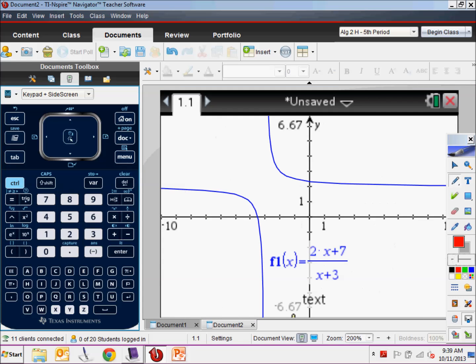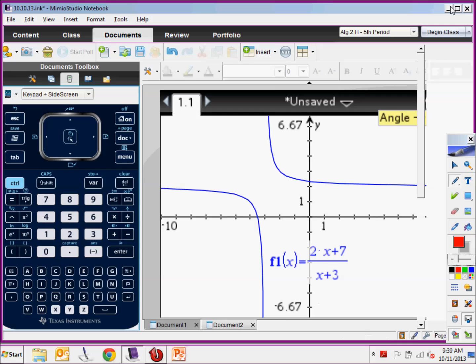When I graph it, where do you notice my asymptotes are? I have one at -3, right? And then where's my horizontal asymptote? At 2. All right, so can we draw those in? And then sketch our graph.